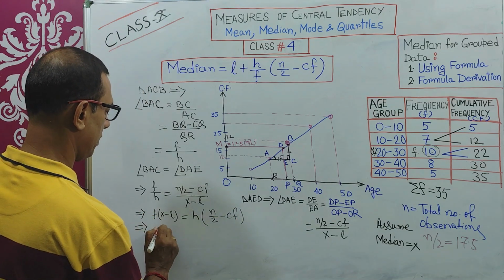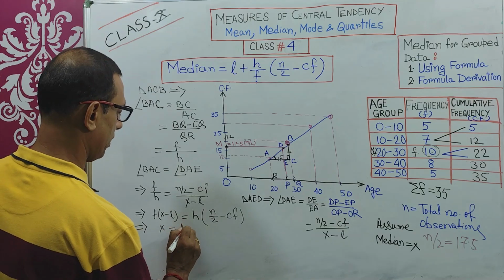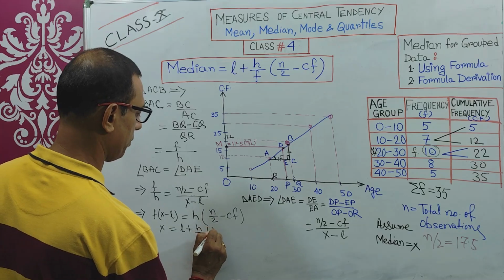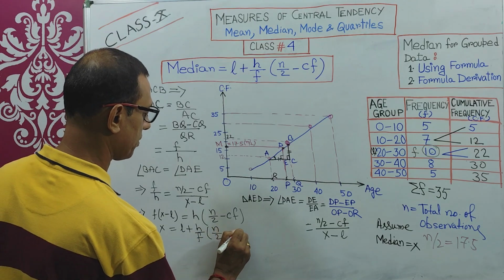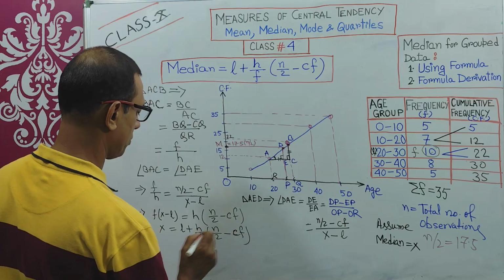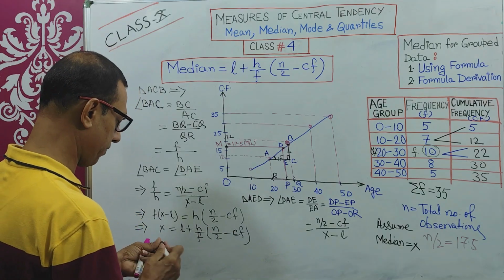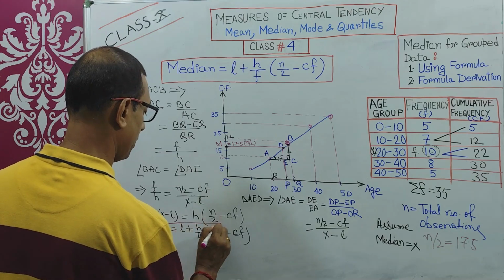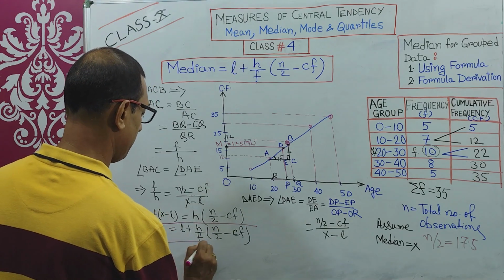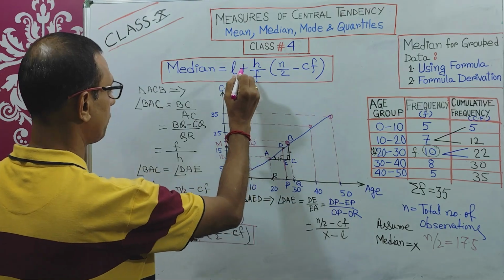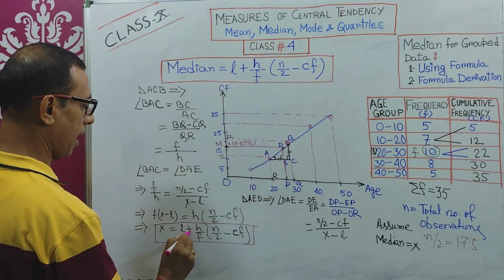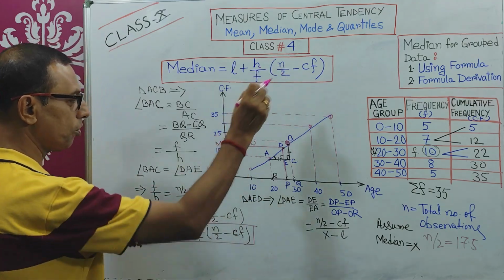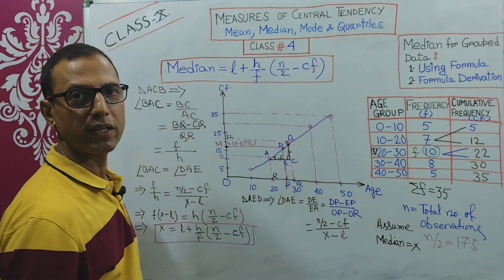That means X equals L plus H by F into n by 2 minus CF. So that is what you have already proven. This is how you have proved the median. So this is the formula, L plus H by F into n by 2 minus CF. So that is how actually the formula is coming.